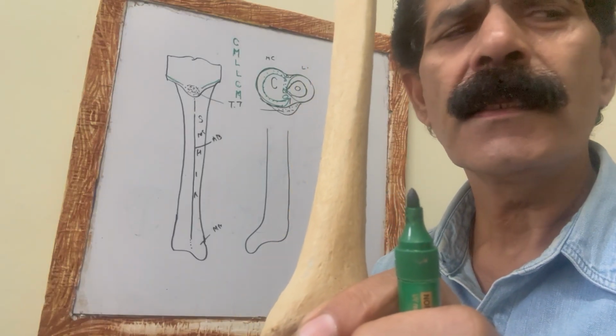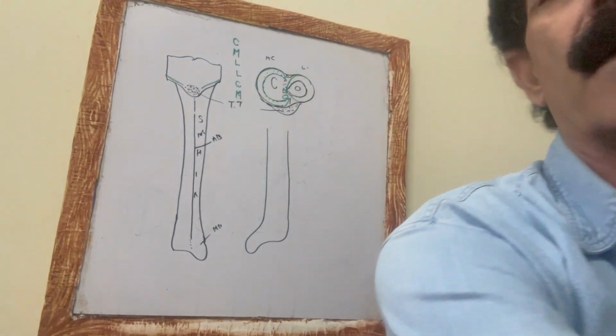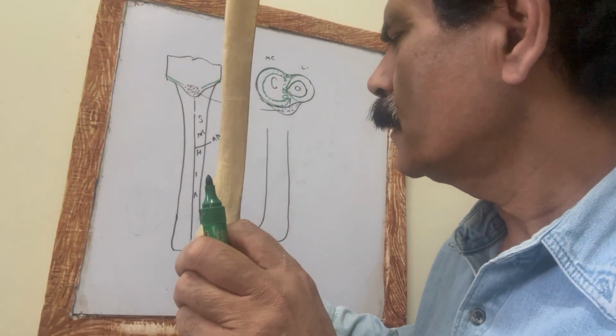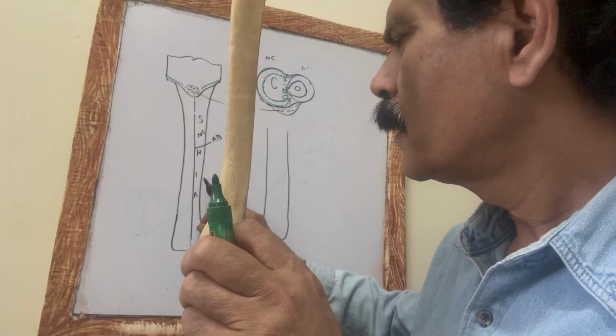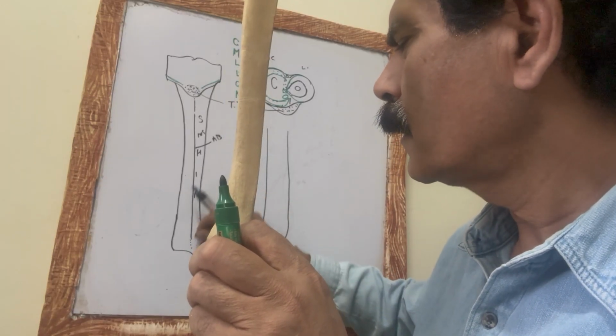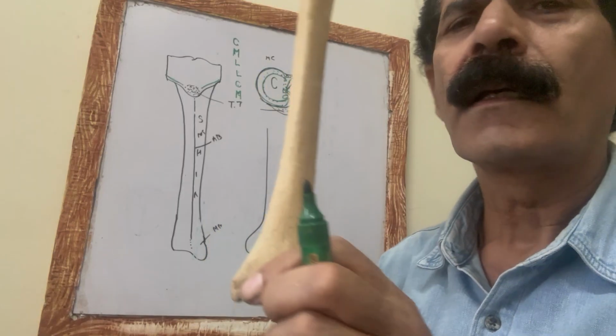Because it is subcutaneous, another important thing about the medial malleolus is that the anterior surface has a vein called the great saphenous vein.